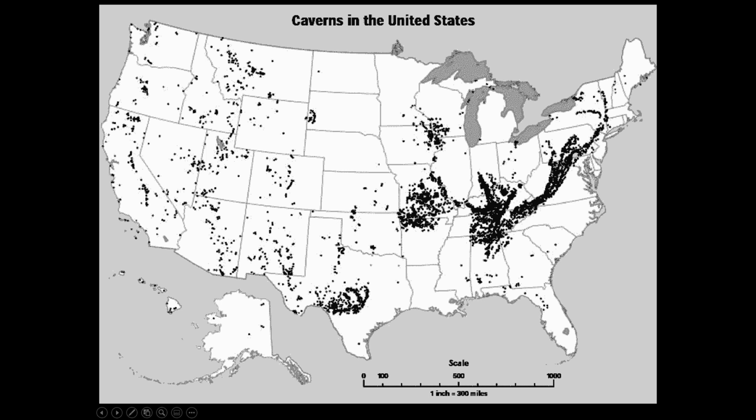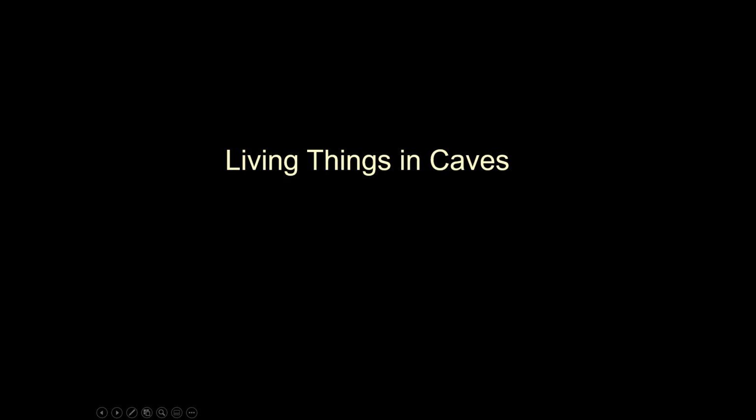A lot of caves in and around Austin, Texas. So if you're a Texan, you're probably aware of that. Bat conservation organizations are headquartered in Austin, Texas, and then everywhere in the Appalachian Mountains, Kentucky, Tennessee, and then on up through parts of West Virginia, and on up into Pennsylvania.